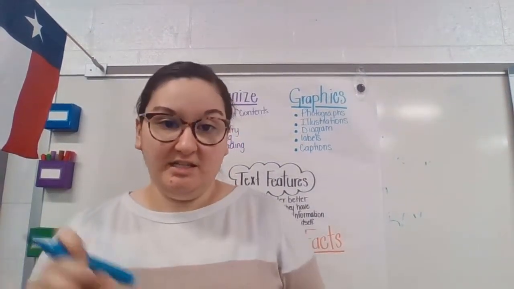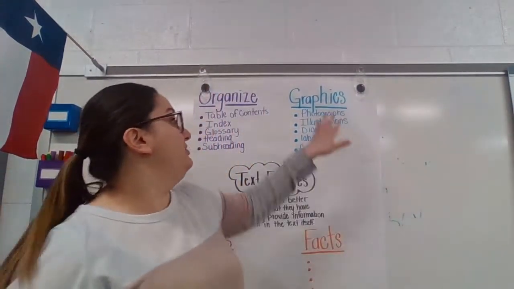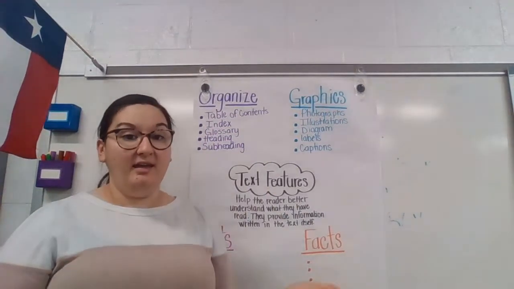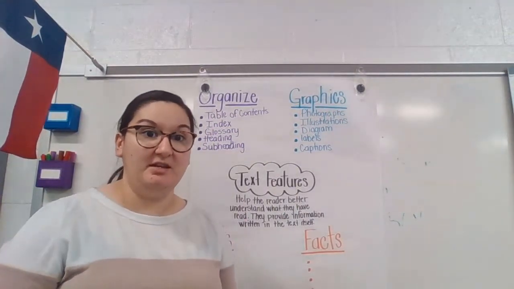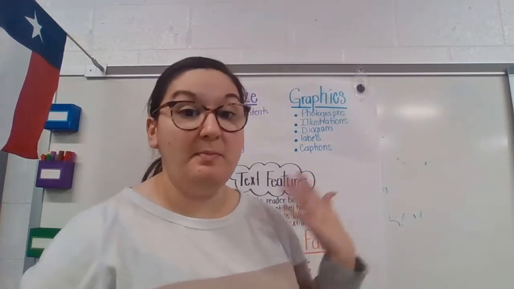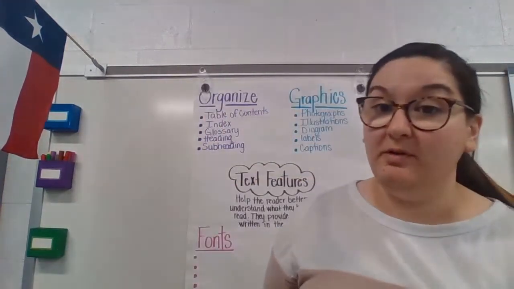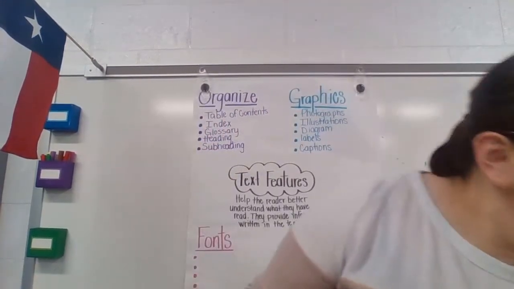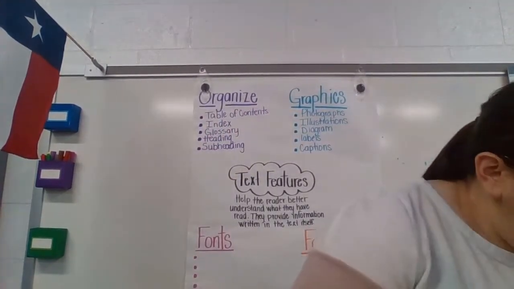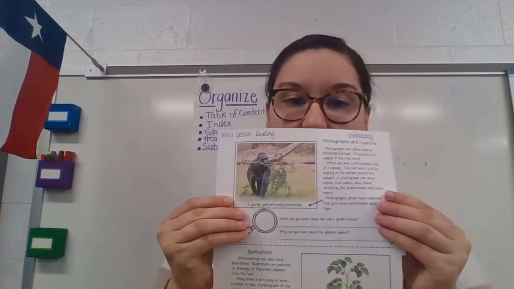So all of these text features that we talked about have to do with graphics, and they're all helping us understand the informational text better, for us to know what the author is talking about. So for the rest of your assignment, you will need the page that says Mini Lesson Reading Wednesday.